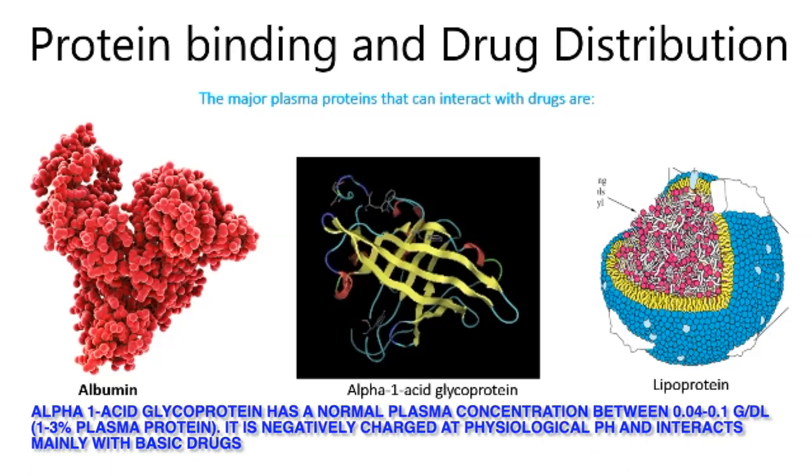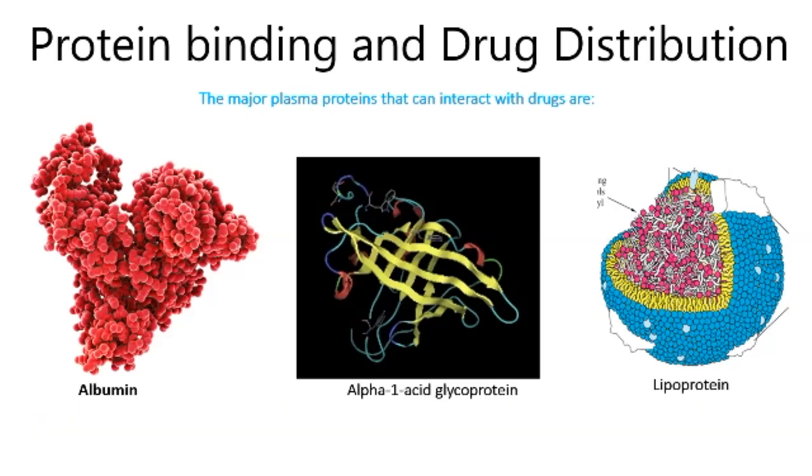Alpha-1 acid glycoprotein has a normal plasma concentration between 0.04 to 0.1 gram per deciliter, which works out to be 1 to 3% of plasma protein. It is negatively charged at physiological pH and interacts mainly with basic drugs, including beta-adrenergic receptor blockers, antidepressants, neuroleptics, and local anesthetics.